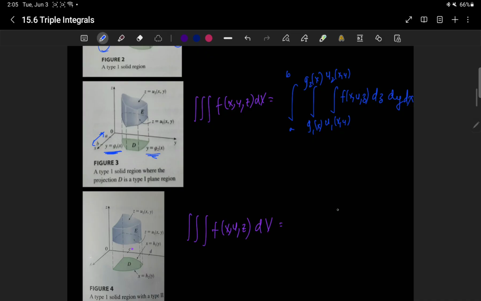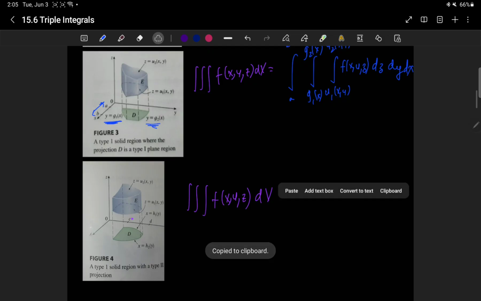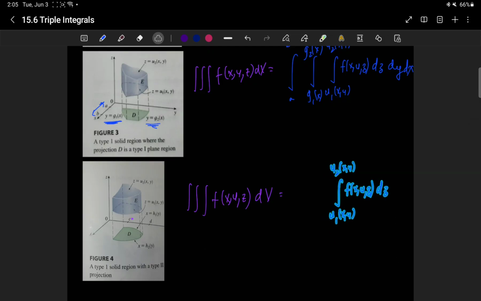And the second option is, keep in mind that this remains the same because we've already established that this is a type 1 region, and when we have a type 1 region, we do dz first. Now for the second part, if it's easier to express x in terms of y, and y goes from c to d, then I will go dx first, from h1(y) to h2(y), and dy last, which goes from c to d.